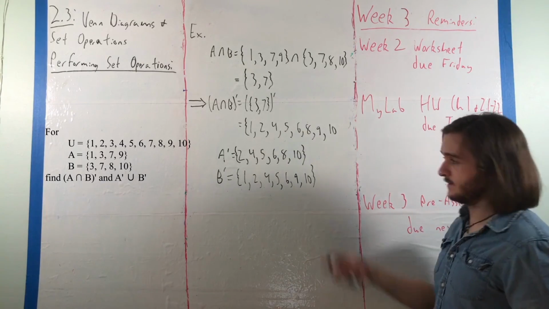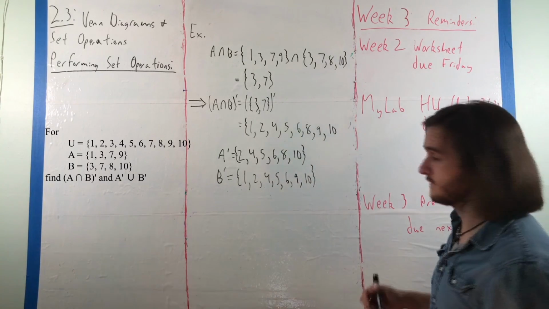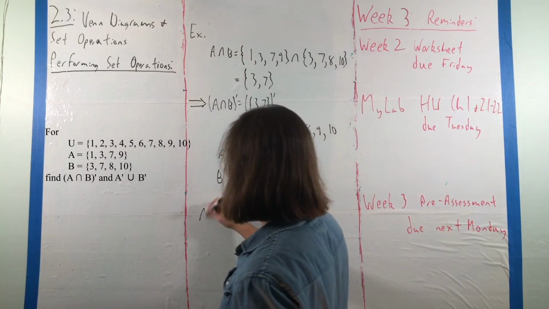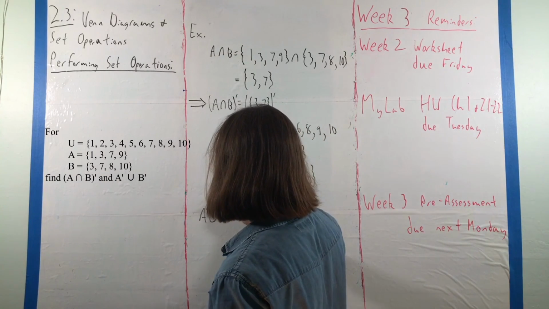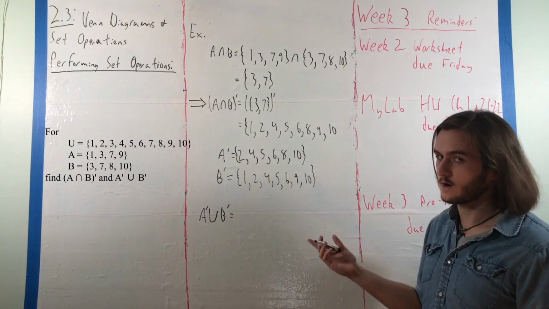So if we have these two and we take their union, we're looking at anything that's in either of them. So A complement union B complement, we just take all of our options here.